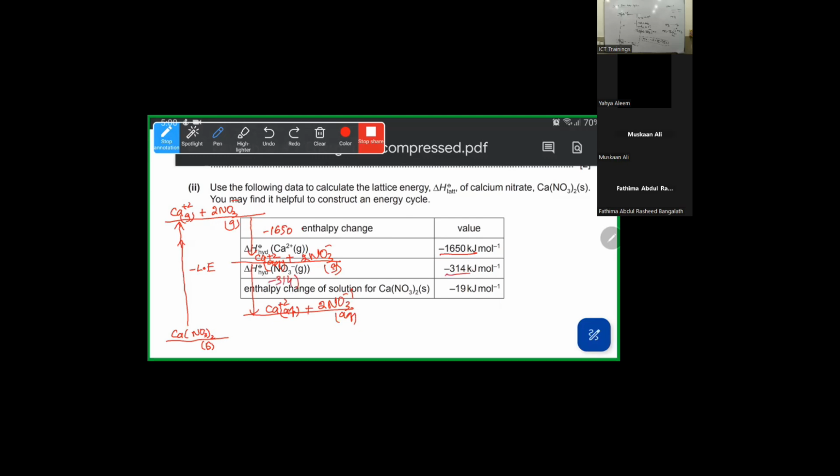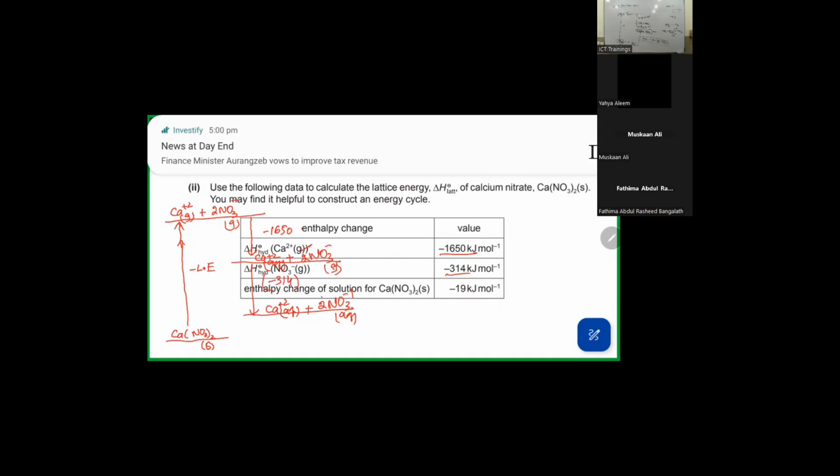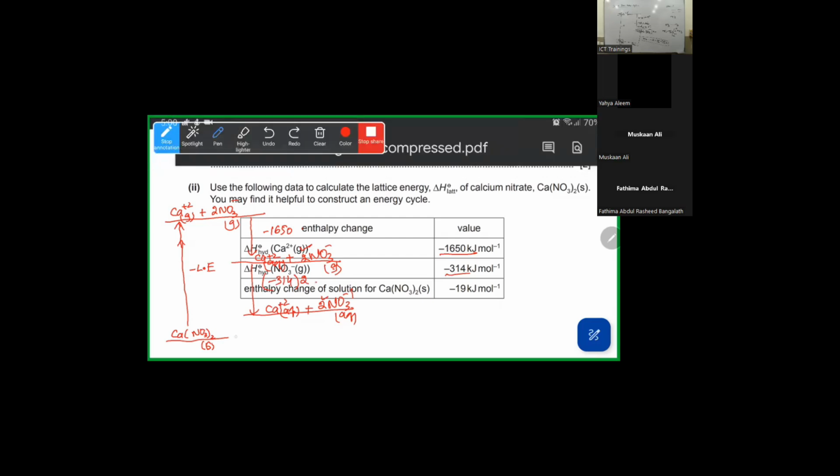But if you look up here, you got the two nitrate ions, so two times. Now change this one into this one. So this one would be delta H of solution, and delta H of solution is given as minus 19. Okay, so now this cycle is going to start from here. This is the starting point, and this is the end point.